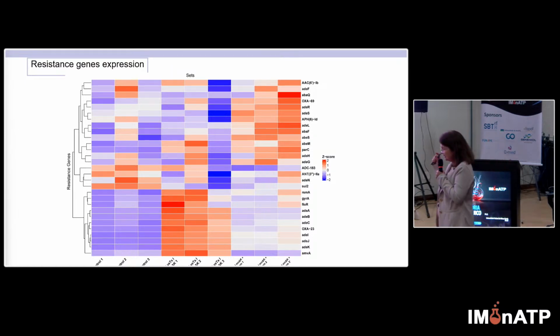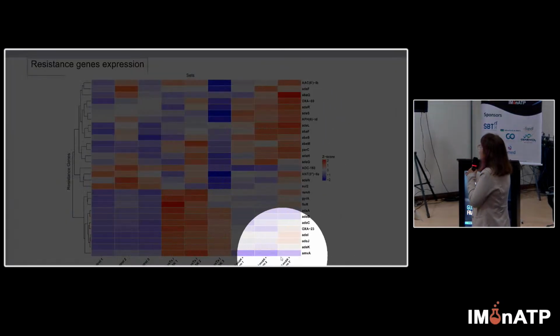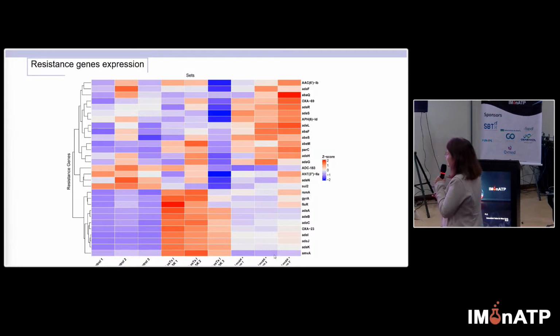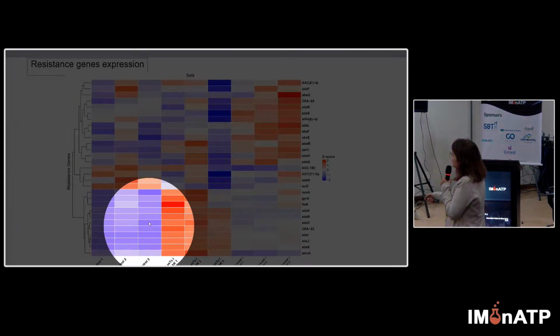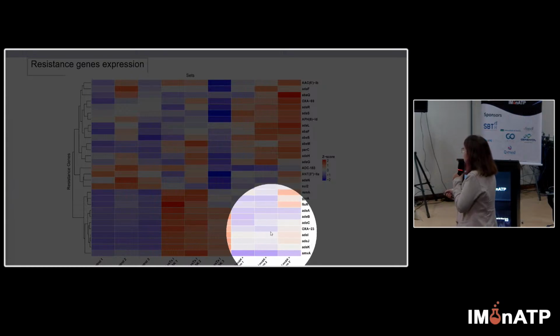Here we look at the genes that are related to resistance. I don't know if you remember, we had 31 genes from the genome of this bacteria that are involved with resistance. And then we look at how was the expression of these 31 genes here. And then we see a very interesting condition. Here the 3 samples from the control, only the LyeTx I, and here the synergistic effect of meropenem and the toxin.